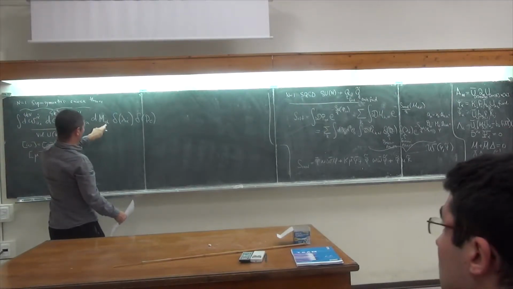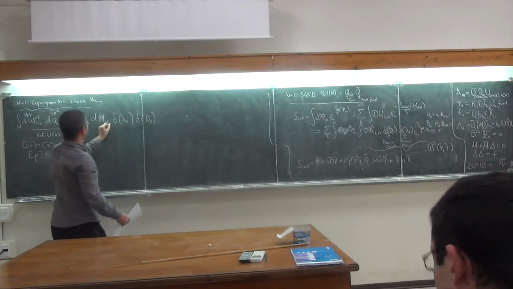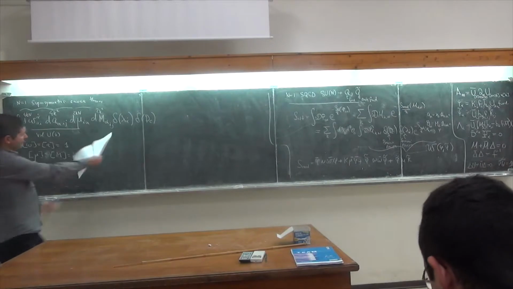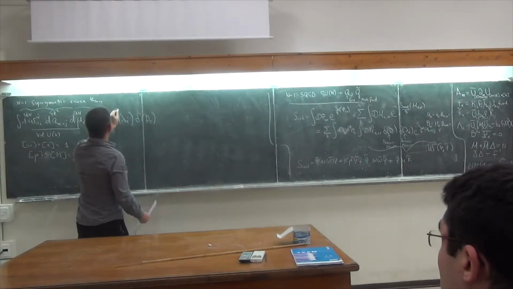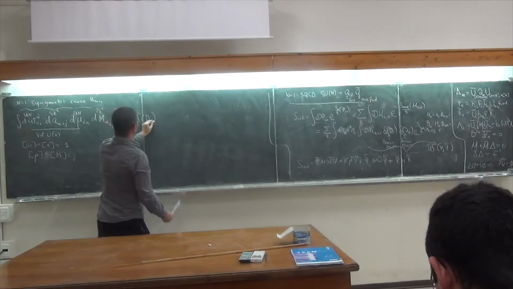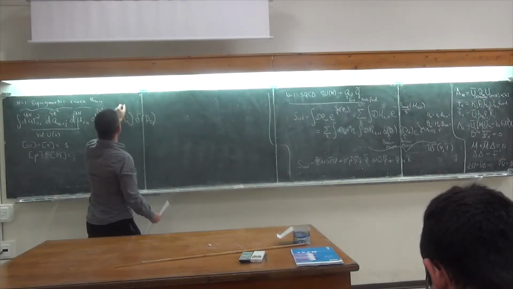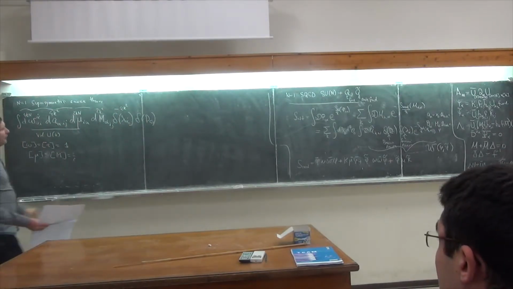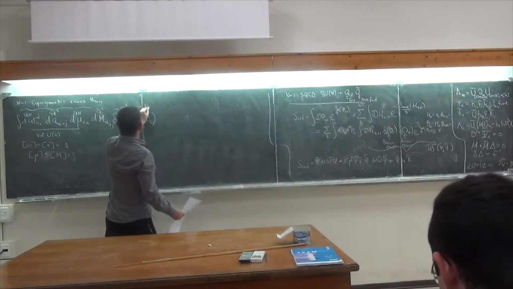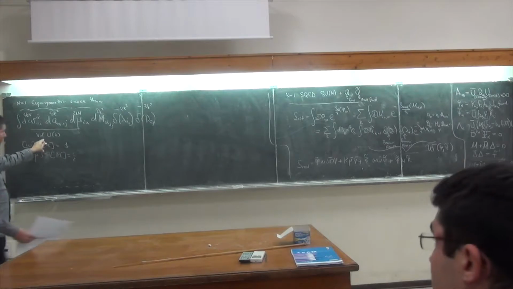This is 2 Ij. This is 2K squared. This is minus 2 Ij, this is minus 2K squared. And this is minus 3K squared, and this is an extra minus K squared.